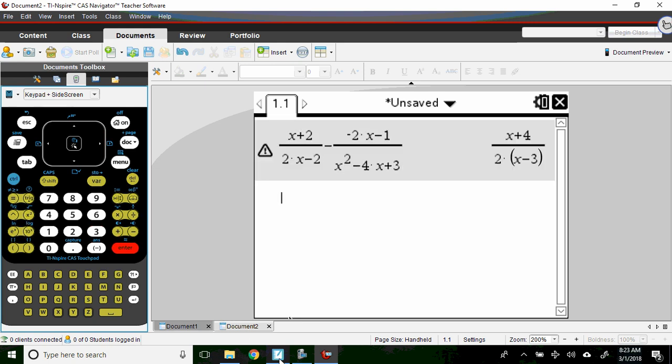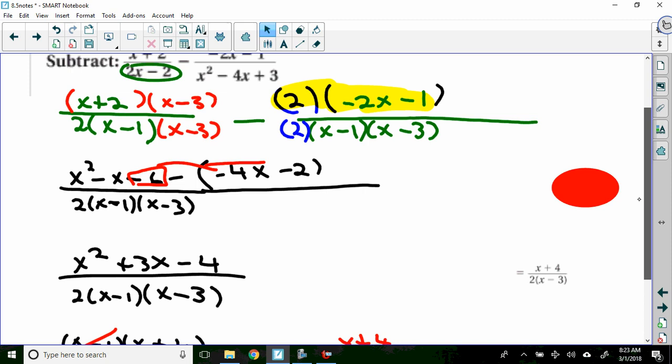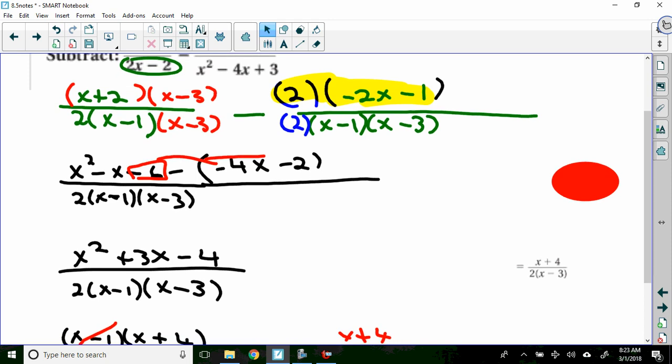You see how fast that was? What did that take? A split second. The exclamation point's talking about the restrictions, saying, I did this as well as I can. Your teacher probably wants to know something else, like the fact that if we had to talk about restrictions on this, x could not equal 1, x could not equal 3.